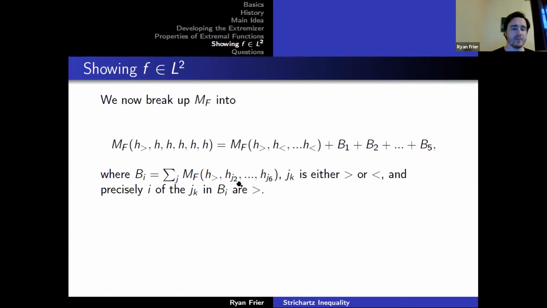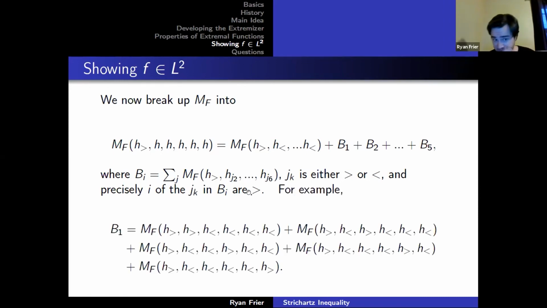So what I'm going to do is break this up into different parts based on the last 5 terms of this. The first one is all H less than for each one of the last ones. And I've got my B1, B2, B3, B4, B5, where each one of these is either going to be less than or greater than, but exactly i of these is going to be greater than.